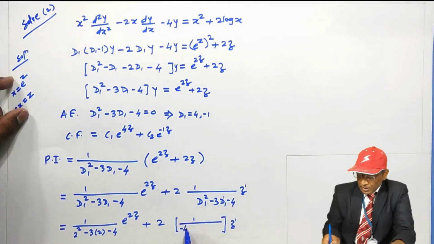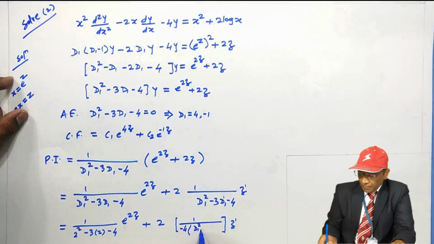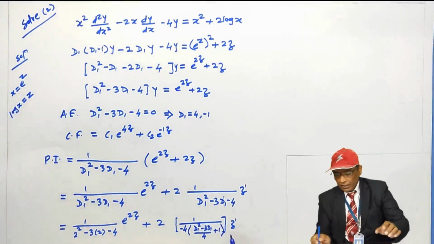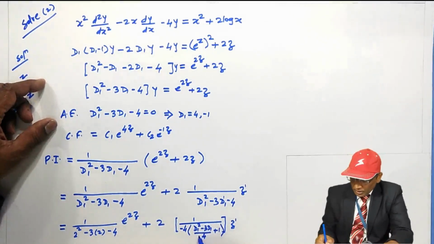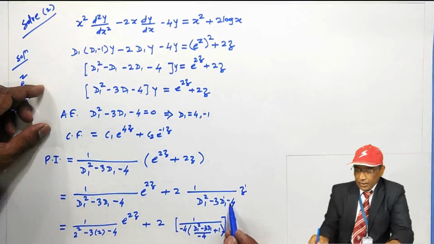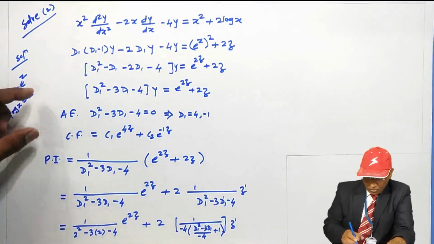So minus 4, the lowest degree term, I am taking outside. So what will happen here? D1 squared by 4 minus 3D1 by 4, minus 1. What I have done: minus 4 I have taken common, the lowest degree term I have taken common.